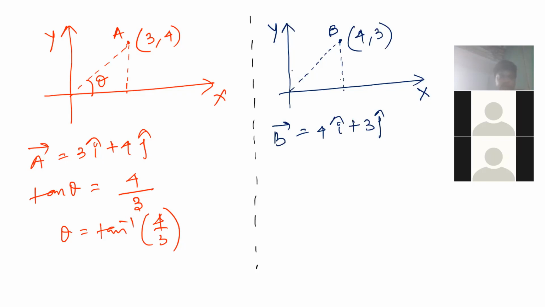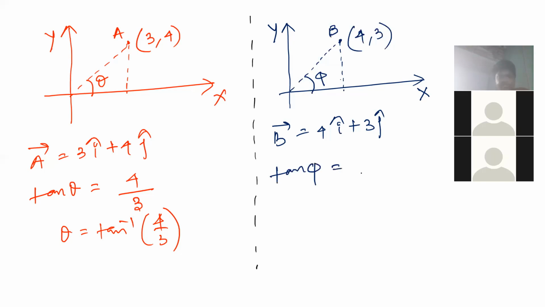In this case the inclination angle we can call phi, because you can't take theta again, you have already used that. That symbol is known as phi. Now, what will be the value of tan phi?